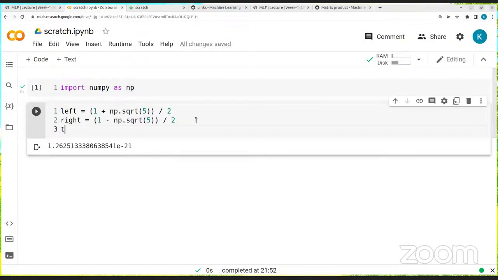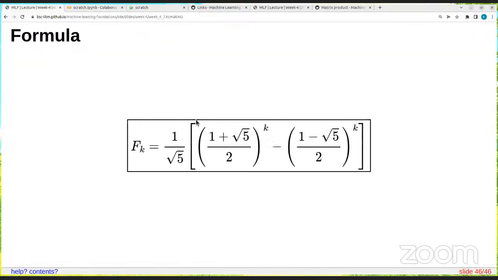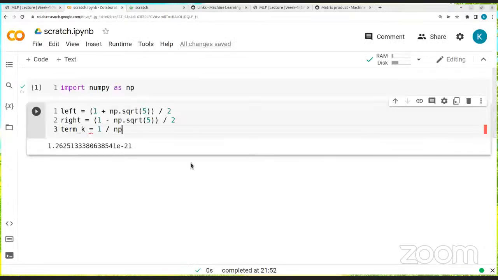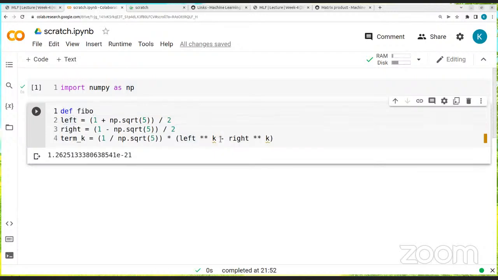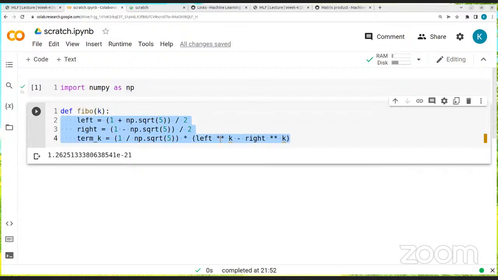And the kth term will be 1 divided by root 5, the multiplier outside, into left power k minus right power k. This is the kth term. We can just return this particular value.